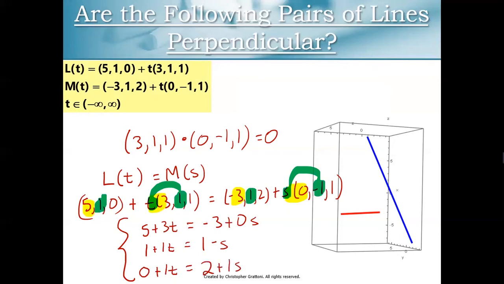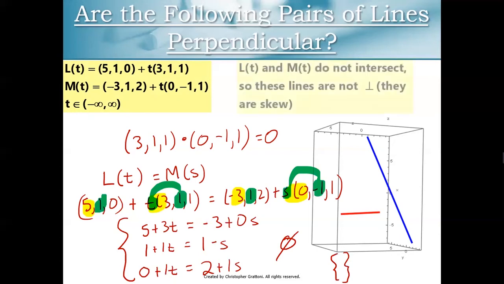Now that's a system of equations, and if you go ahead and solve that system, you're going to get no solution. I'm not going to go through and do elimination or substitution for you, but you can check that on your own. You could also run it through Mathematica, and Mathematica will very quickly give you the empty set as your solution, as in those two lines do not intersect each other.